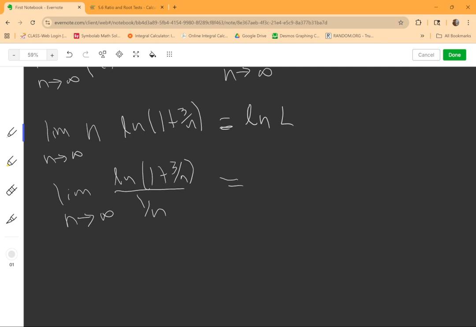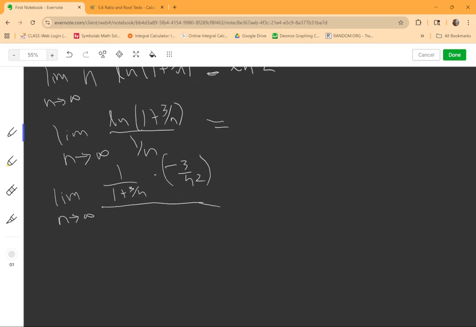So now I can apply L'Hopital's rule. We get the limit as n goes to infinity of 1 over 1 plus 3 over n, and then here, chain rule, times negative 3 over n squared, and down here we get negative 1 over n squared.